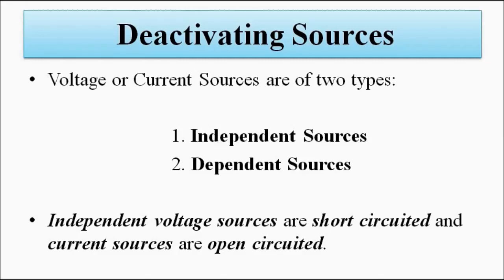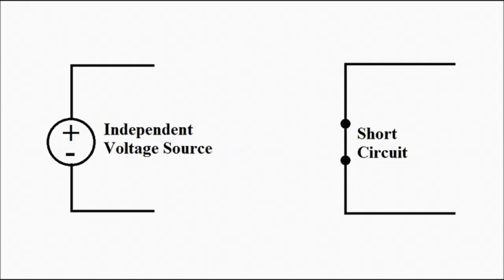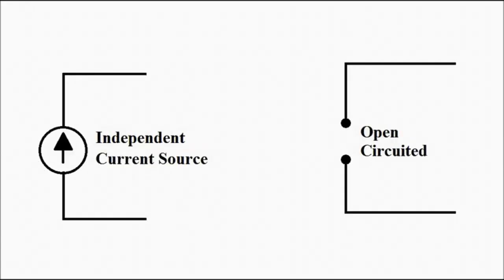Independent voltage sources are simply short circuited and independent current sources are simply open circuited for determination of the Norton equivalent resistance. But when there are dependent sources, things are handled in a slightly different way, which we already know from Thevenin's theorem. We will do the same in Norton's theorem also. Now let us understand the application of Norton's theorem by solving some questions. We will be solving a lot of questions related to Norton's theorem, so don't worry about that.